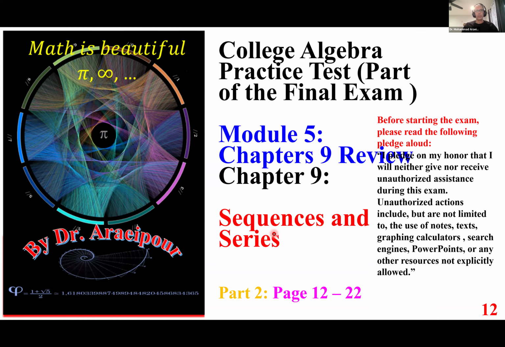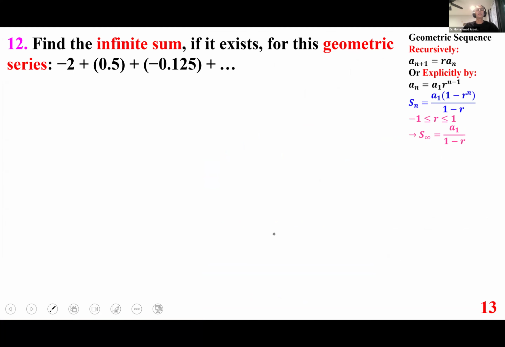All right, find the infinite sum, if it exists, for this geometric series: -2 plus 0.5 plus -0.125 and so on. So a geometric sequence, reminding you, is defined recursively as a sub n plus 1 equals r times a sub n.